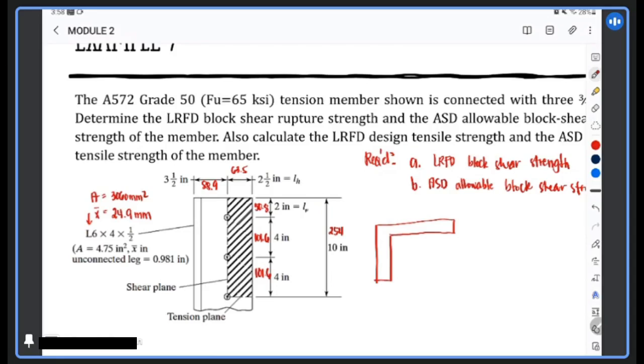And then we have butas dito. For example. Ganyan. That X bar that we are computing is, since it is the lesser one, yung nasa mas maliit na part. Okay, ito siya. It's distance papunta dito sa connection. Or no, dito. Sa end. Okay, yan yung ating 0.981 inch or 24.9 millimeter. That's the X bar.